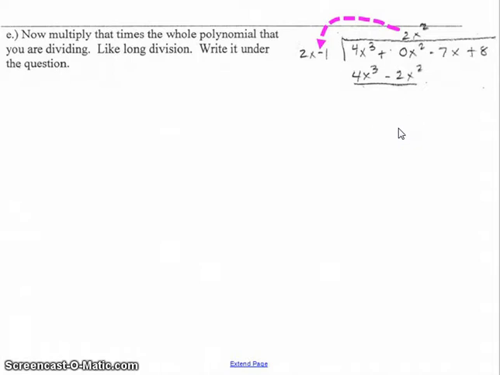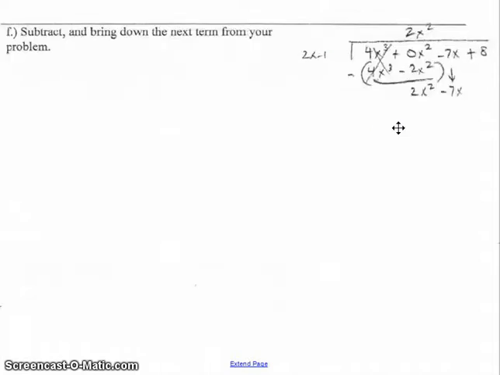Now you're ready to do subtraction, just like you normally would in long division. So 4x cubed minus 4x cubed, that cancels out, and it should. The first column always, every step of the way, should cancel out. That's why you're doing this. 0x squared minus 2x squared, or in other words, plus 2x squared, is positive 2x squared.